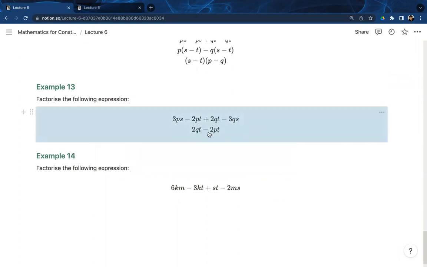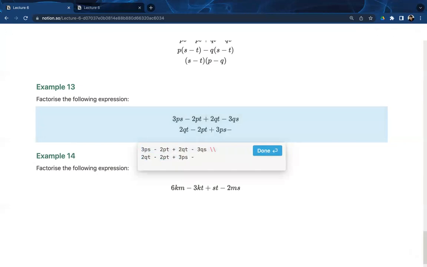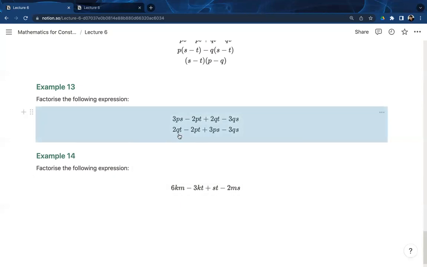I just want the two T terms, but I want the positive T term before the negative T term. So I take 2QT and I put in minus 2PT, and I just write the other terms, positive 3PS minus 3QS. So let me make sure I didn't change the question: 2QT minus 2PT, 3PS minus 3QS.